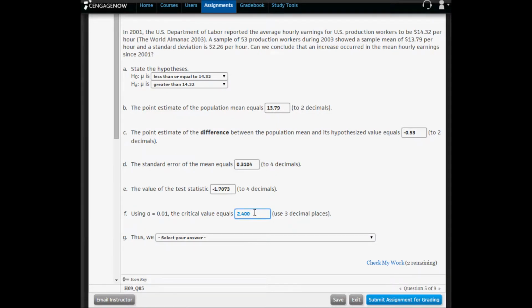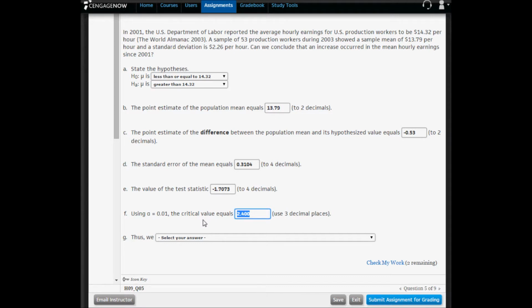To conclude in part G, we compare the test statistic to the t critical value. In the alternative hypothesis, mu is greater than 14.32. So if the test statistic is greater than the critical value, we have evidence in support of the alternative hypothesis.